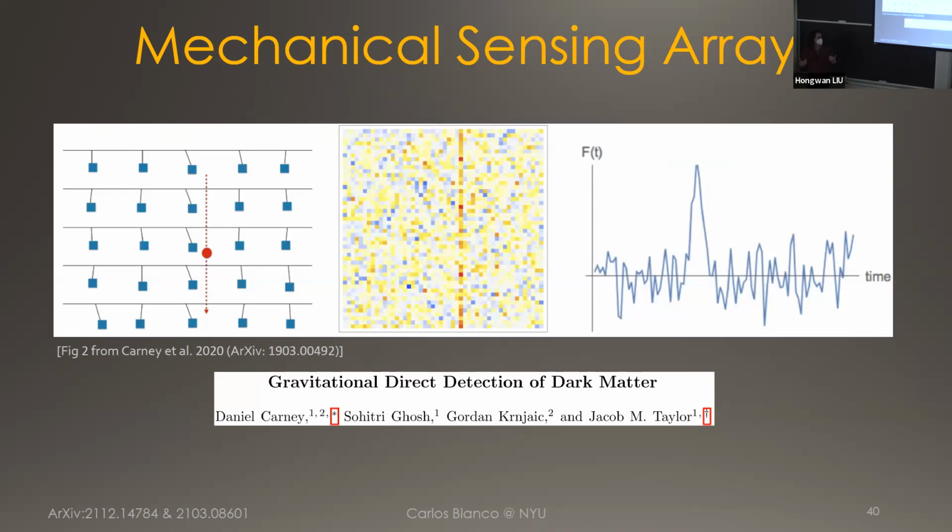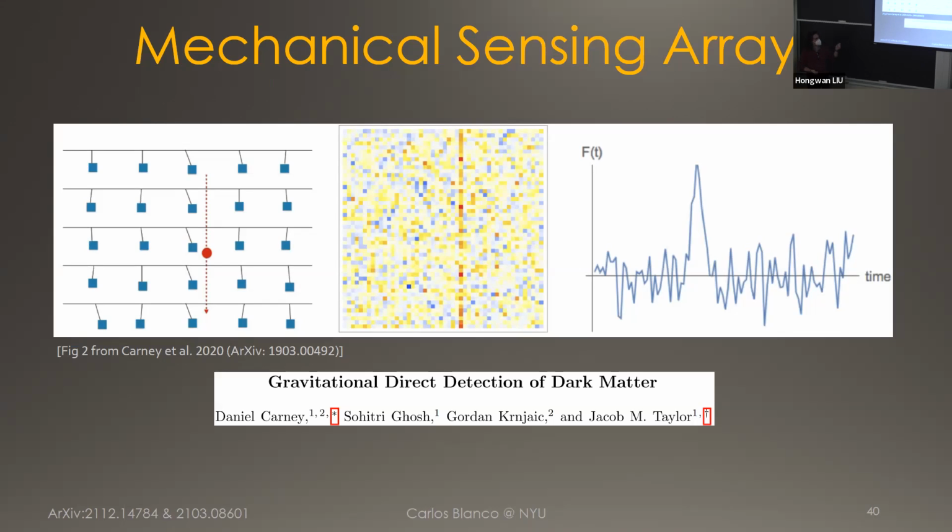So they envision something like an array of oscillators, of pendula, where you're querying each one for its motion very carefully. And you're not going to interact the dark matter by bouncing it off one in particular. You're going to allow the dark matter to go through this sparsely instrumented array, and at the point of closest approach to each one of these oscillators, they're going to receive a small impulse.